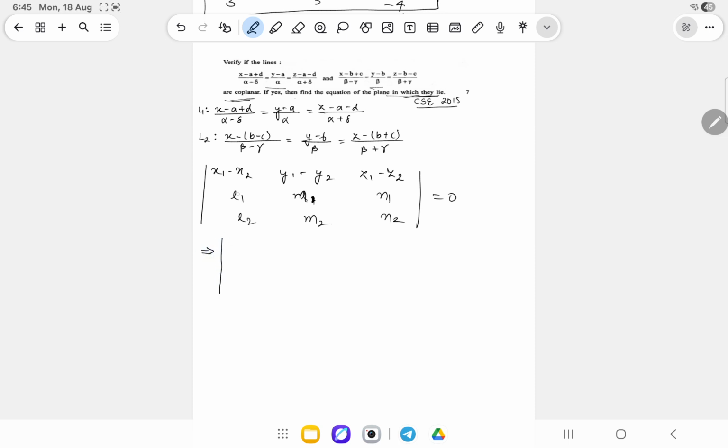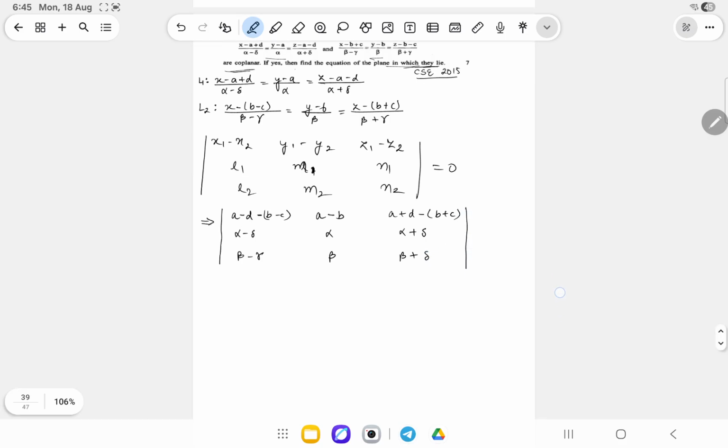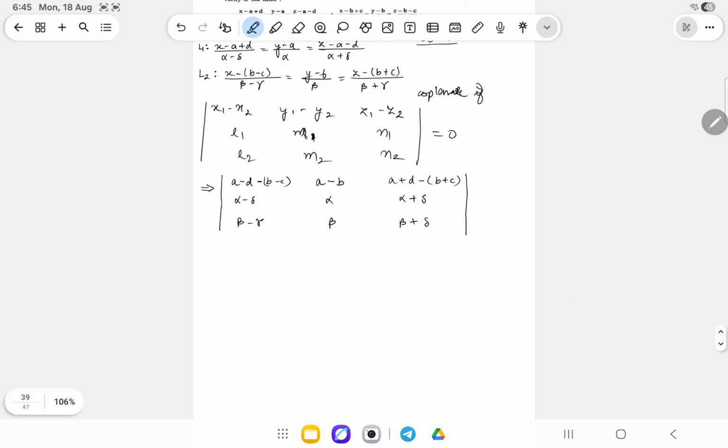So we'll get, my x1 is a minus d, x2 is b plus c, y1 is a and y2 is b, and again z1 is a plus d, z2 is b minus c, and L1, M1, N1 are alpha minus delta, alpha, alpha plus delta, and L2 is beta minus gamma, M2 is beta, and N2 is beta plus gamma.